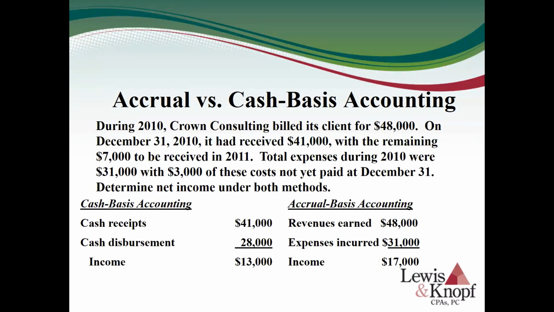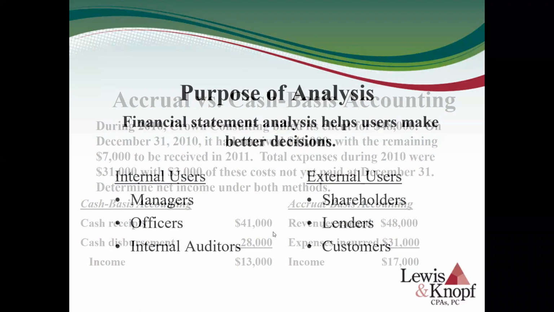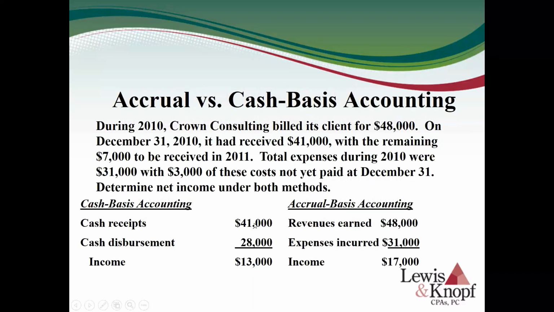Let me go over this again. With cash basis, they only recognize revenue and expenses when cash has been received or paid. And as at 2010, they had only received 41,000. So they have shown their 41,000 here. And they are telling us that in 2010, the expenses made were 31,000, but 3,000 has not been paid.